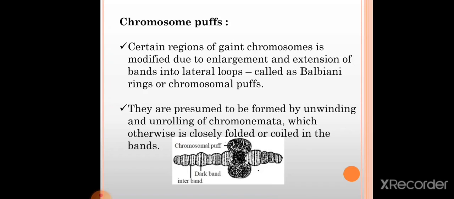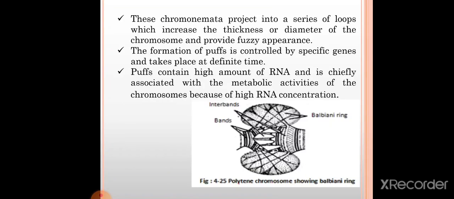They are presumed to be formed by unwinding and unrolling of chromonemata, which otherwise is closely folded or coiled in the bands. These chromonemata project into a series of loops which increase the thickness or the diameter of the chromosome and hence provide a fuzzy appearance.